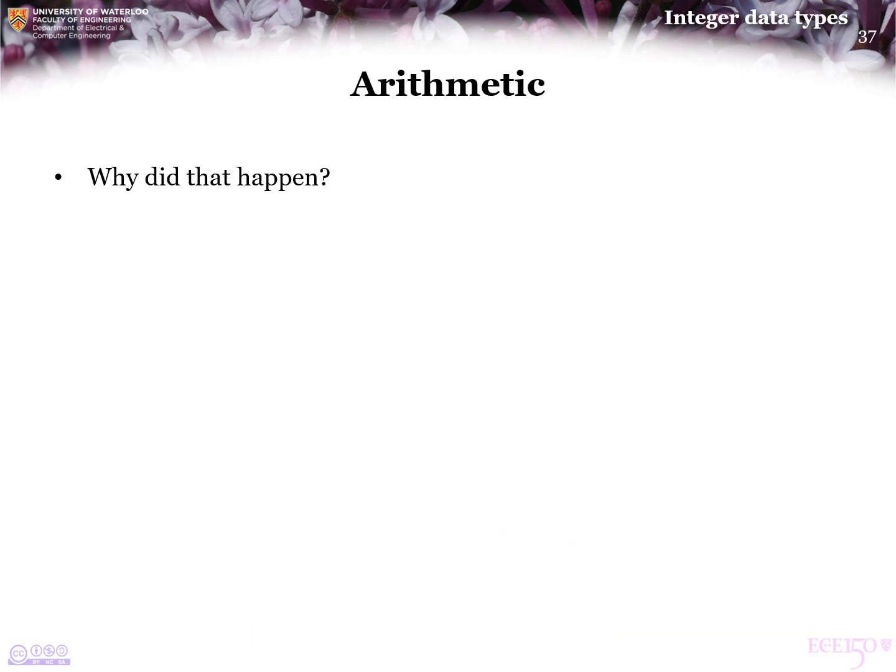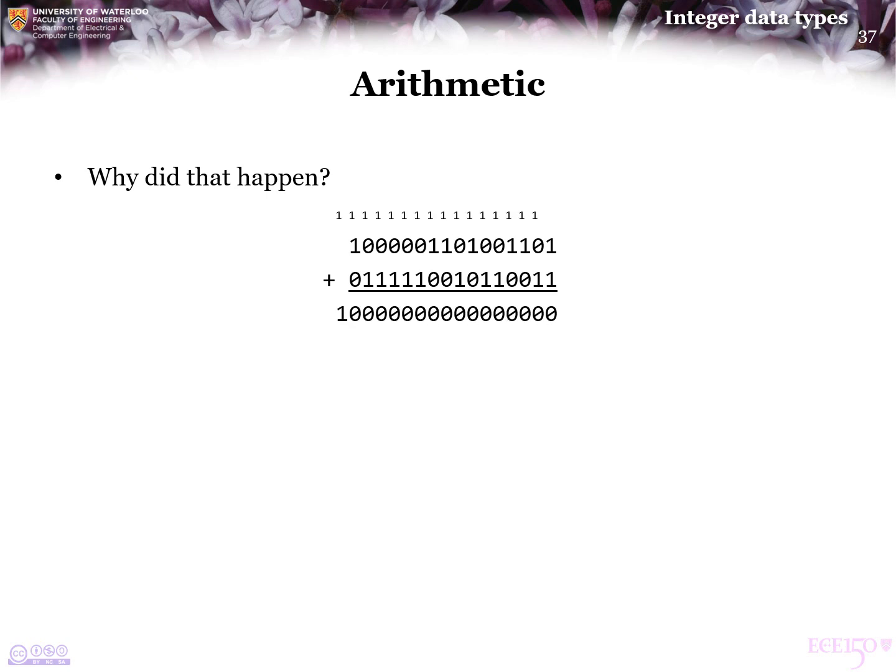Again, why did that happen? Well, the second number here is the positive value, and the first number is the 2's complement representation of the second value. So here we are adding the negated value of a number onto itself. When we add all these up, notice what happens with the carries.